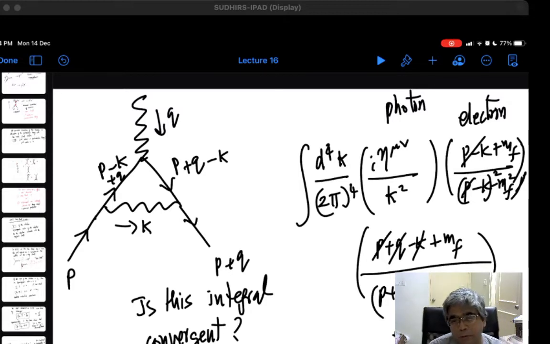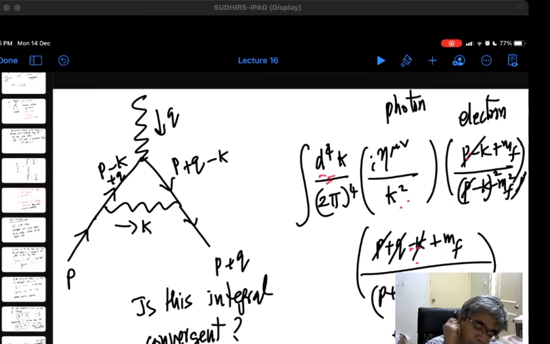Then there is a p, so this is like an x, like an r. P slash is like an r, r bar or something, and k square is like mod r square.